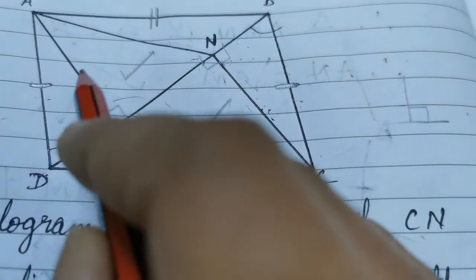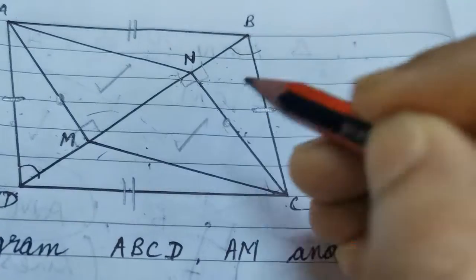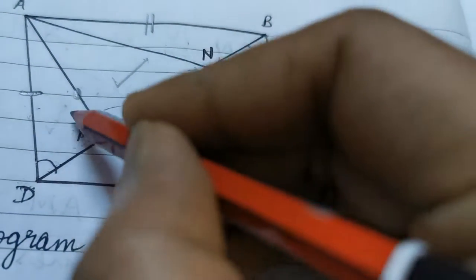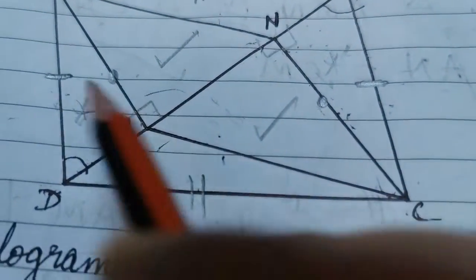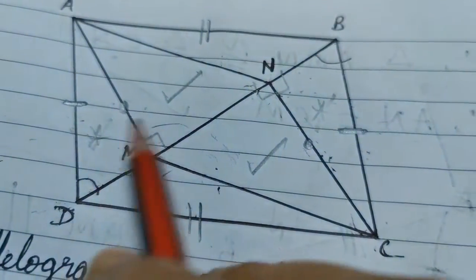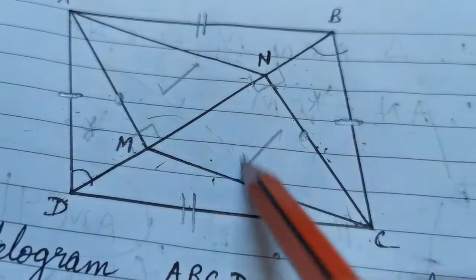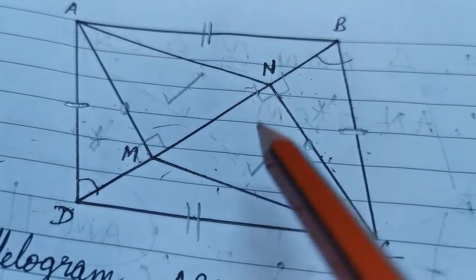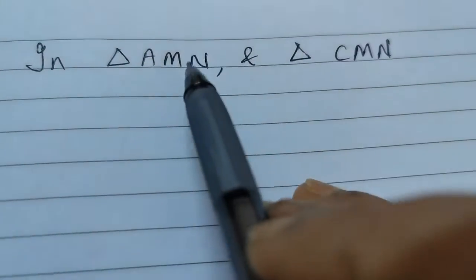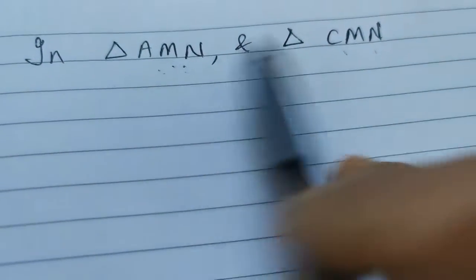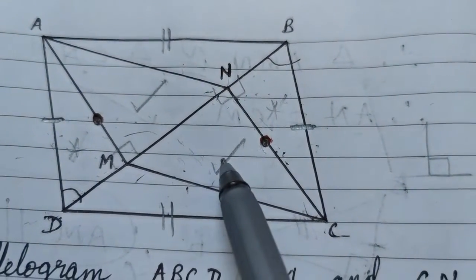Now I have to prove AN is equal to CM. So I am taking these two triangles, triangle AMN and triangle CMN, and I will compare the properties of triangle AMN and CMN.